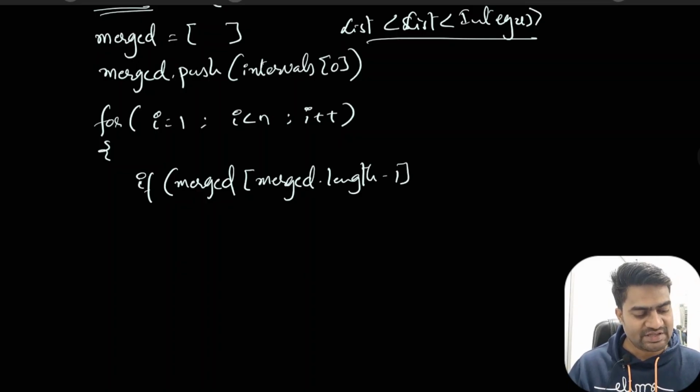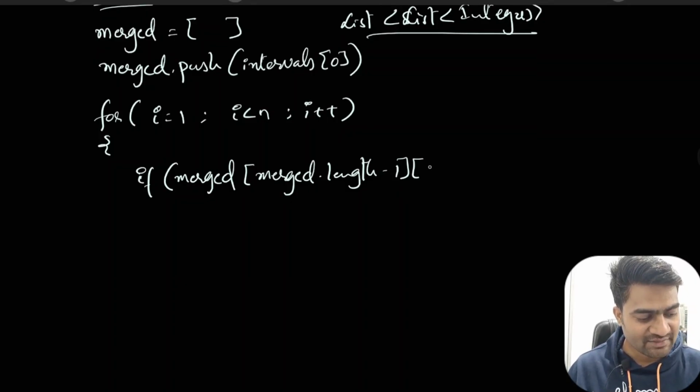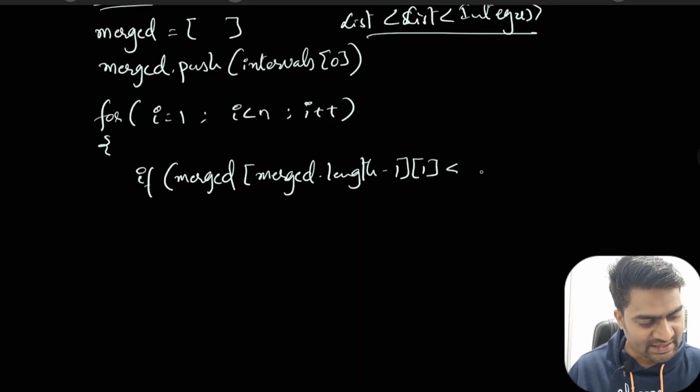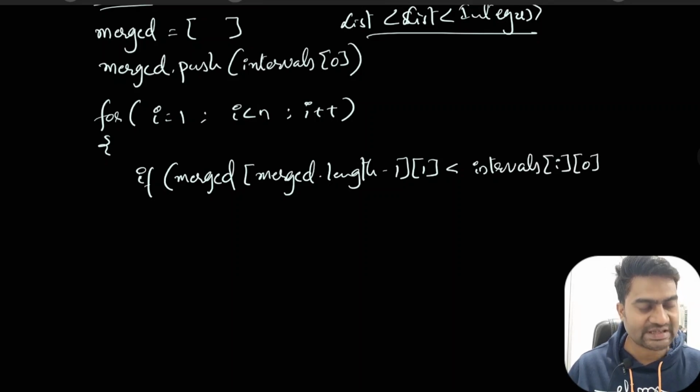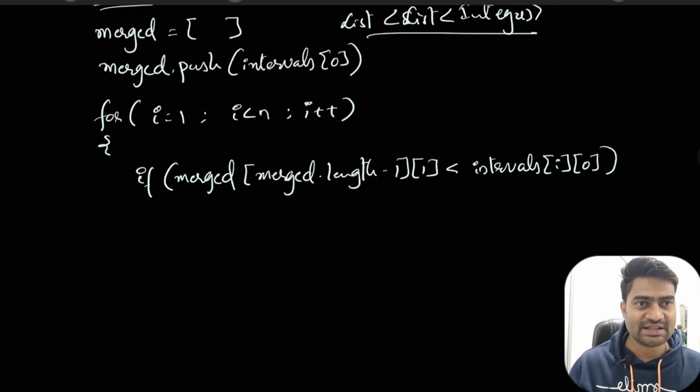So basically this will take the current merged array length and minus 1, which gives the last or the top element. Then I will take its end value, if it is less than intervals of i of 0, basically the first value of the currently processing interval, then this does not overlap.